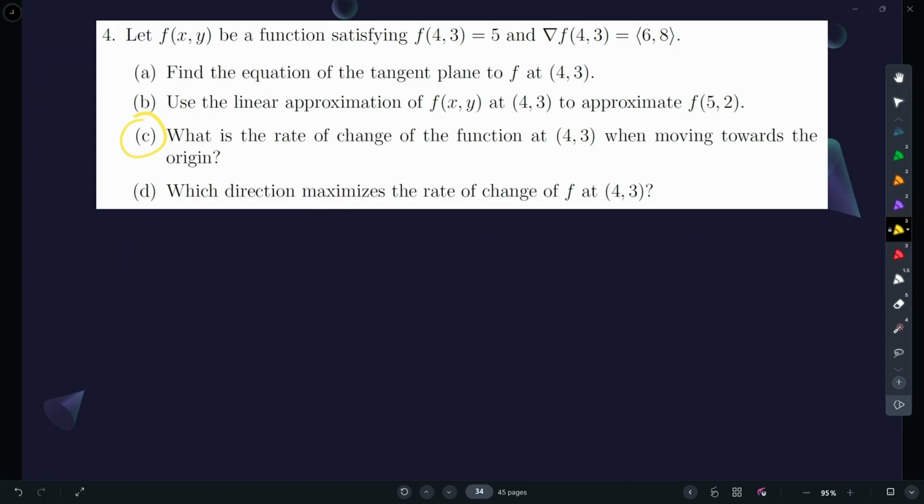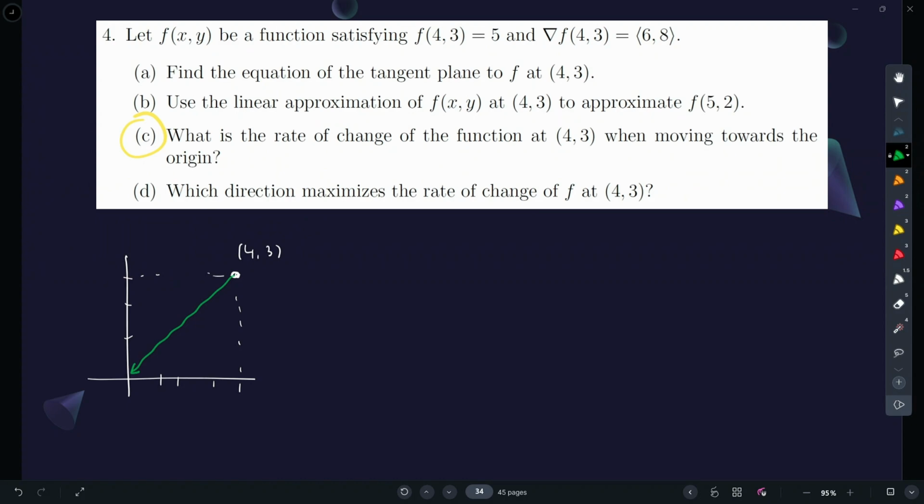So what does that mean? I have a point. Very not to scale coordinates, but this is my point (4, 3). I want to know what the growth of the function is when I go in this direction to the origin.